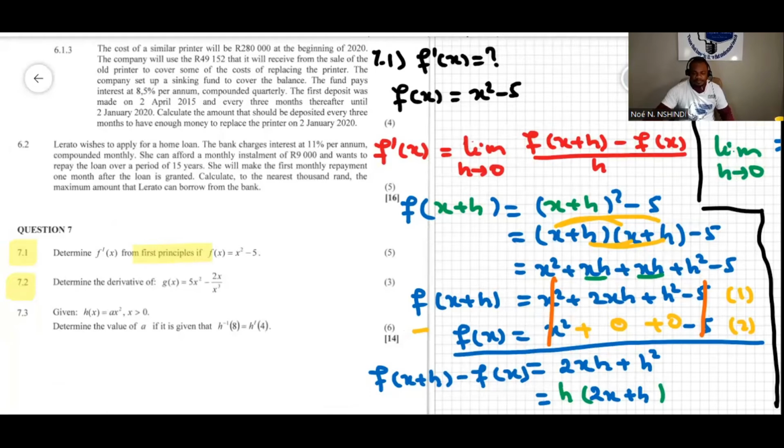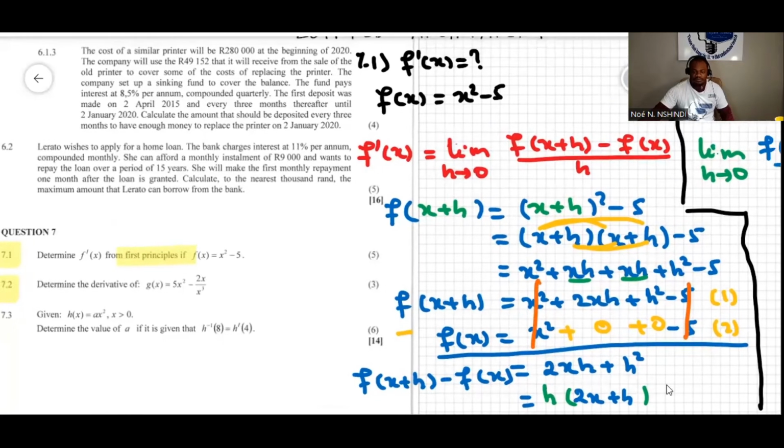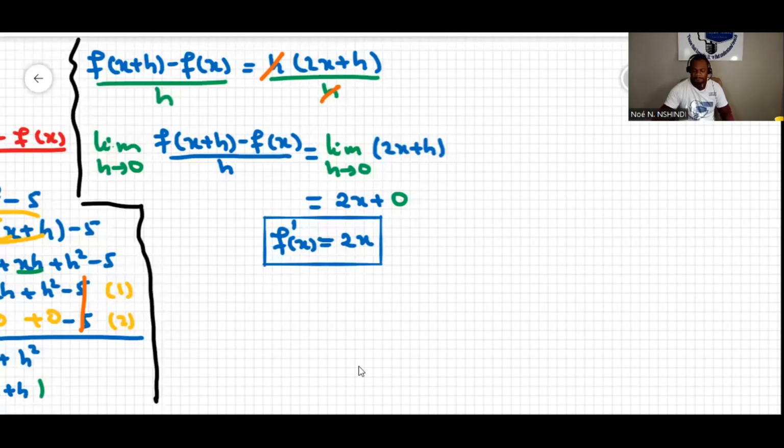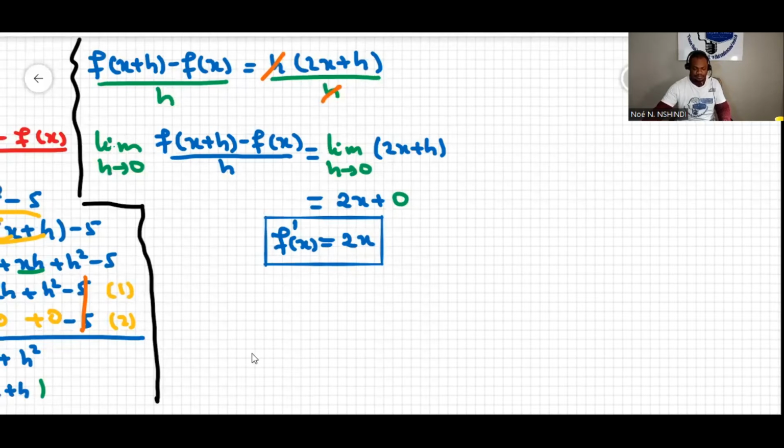I want to move my board this way. I'm going to write the question over here, 7.2.